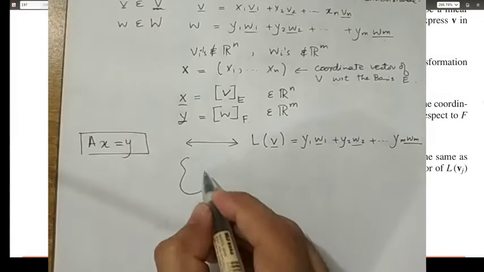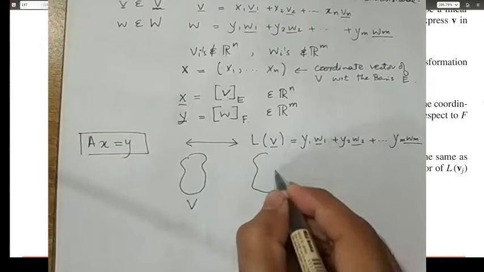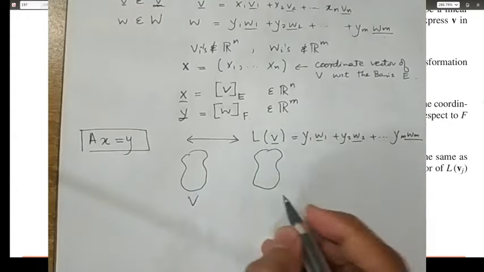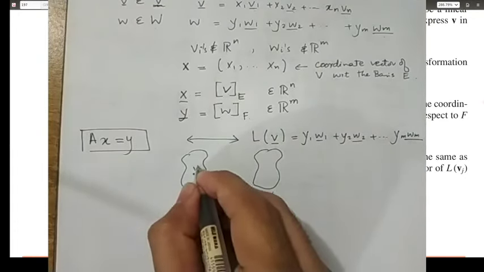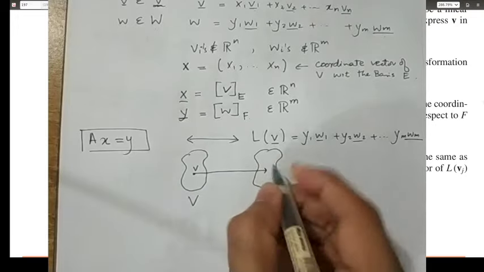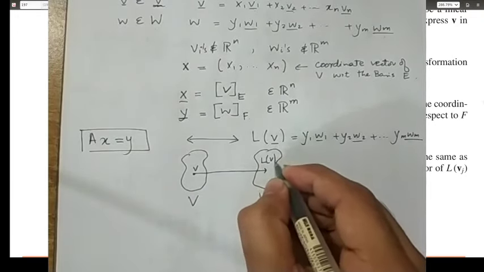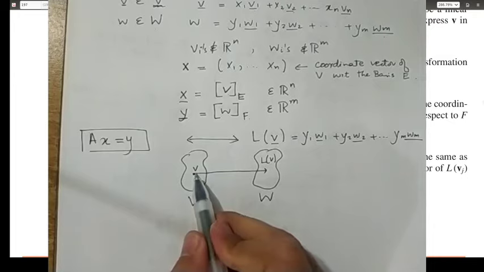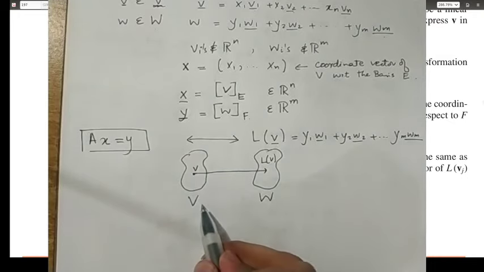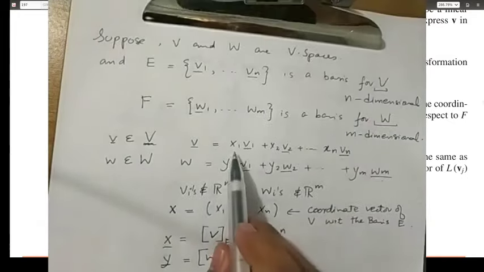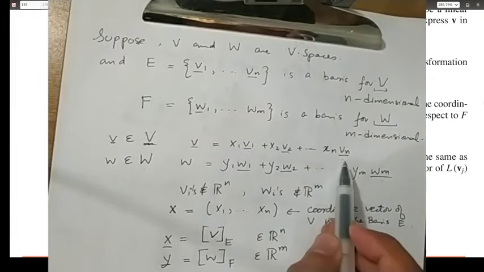To repeat this idea, if you had a vector v that was being mapped onto vector L(v), then v is a vector in this space, and you can write v as x1 v1 plus x2 v2 up until xn vn.